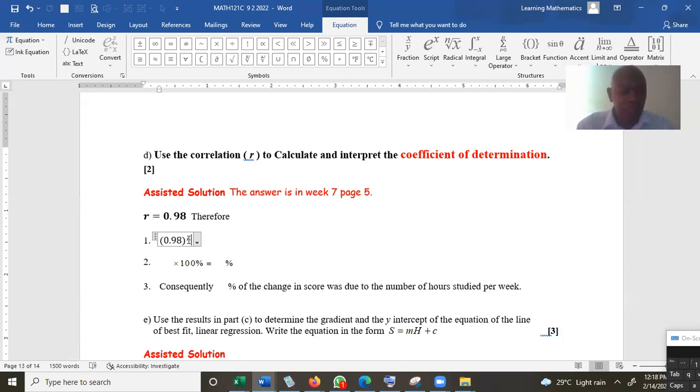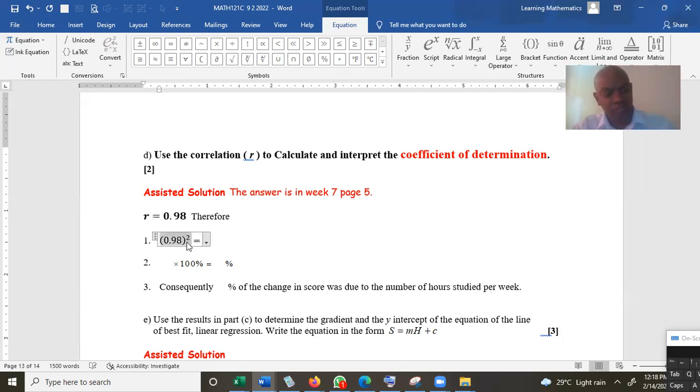So you keep your hand on Shift and press 6, because above the 6 is the upward arrow. You will see this little upward arrow pop up, and you just type 2 and tab, bam, it squares one time. That's another way of getting the power of whatever, and here is the power of 2. Equal. So the first thing is to square the correlation.